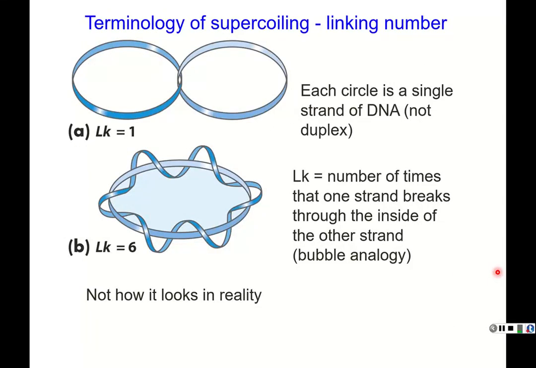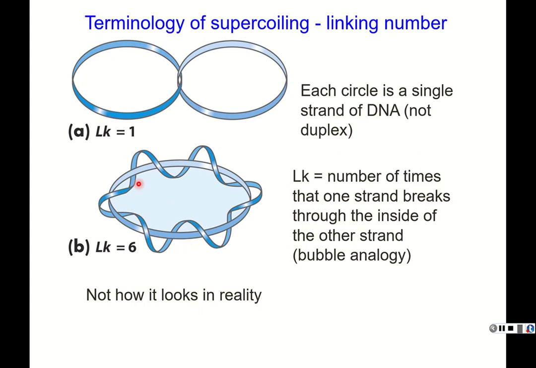So there's some terminology with supercoiling that we need to go through. First is the linking number, or Lk. Lk of 1 would be totally relaxed DNA. Here we have Lk of 6, and that denotes that one strand is crossing over the other strand 6 times.